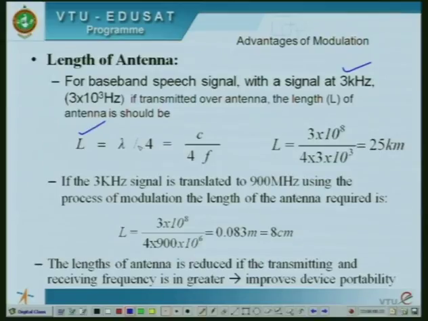Lambda is given by c by f, where c is the velocity of light and f is the frequency of the signal. So length is c by 4f.